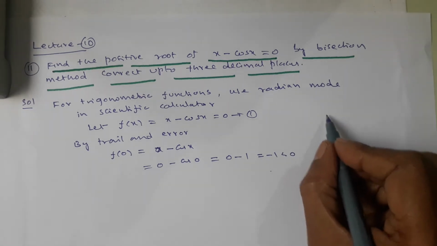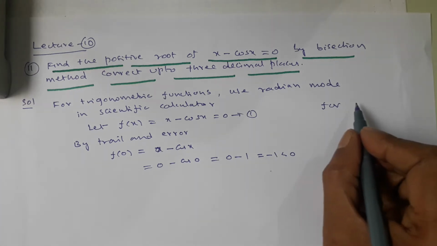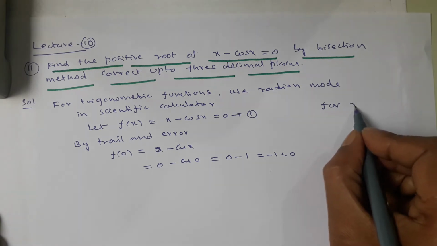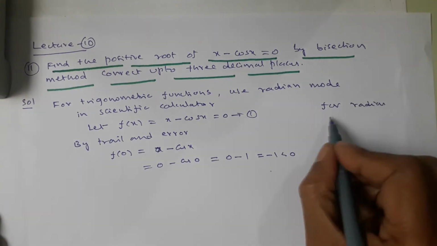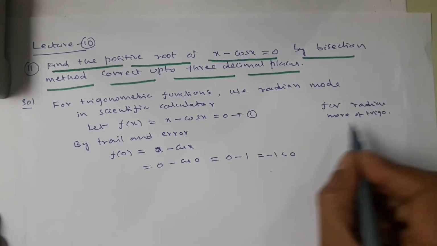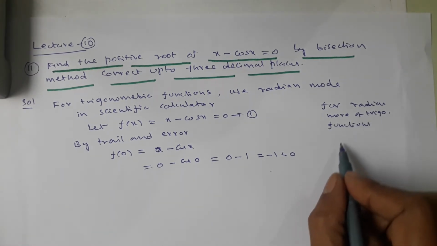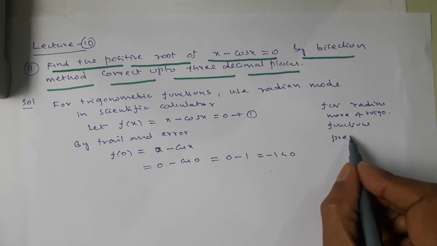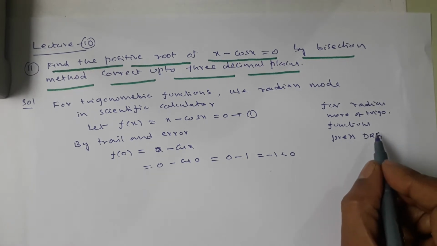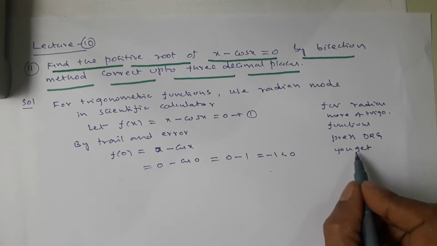So for radian mode of trigonometric functions, press DRG. In the calculator, you have the words there. You get radians.